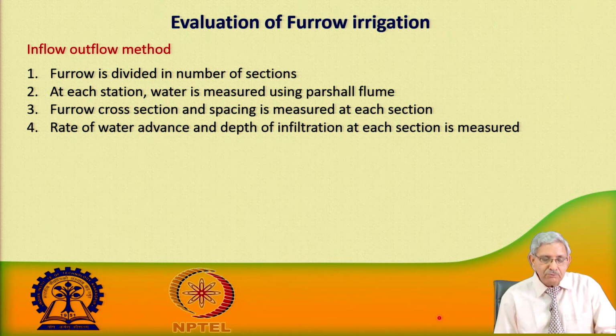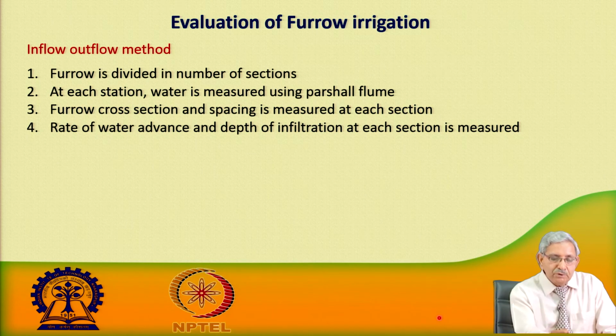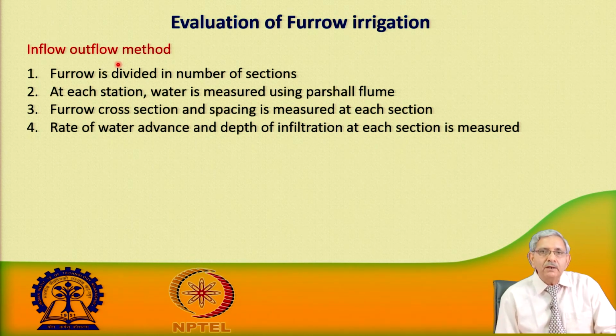So, when we are evaluating the infiltration through furrow irrigation system, we use the inflow-outflow method. In this method the furrow is divided into a number of sections, and at each section the water is measured using a partial flume or similar type of devices.